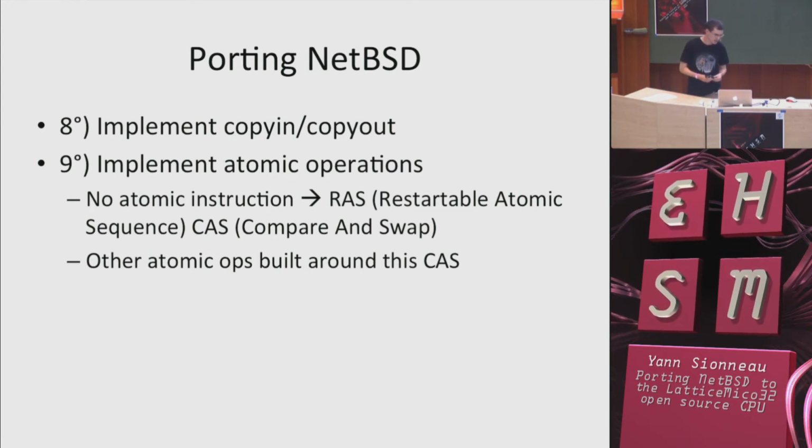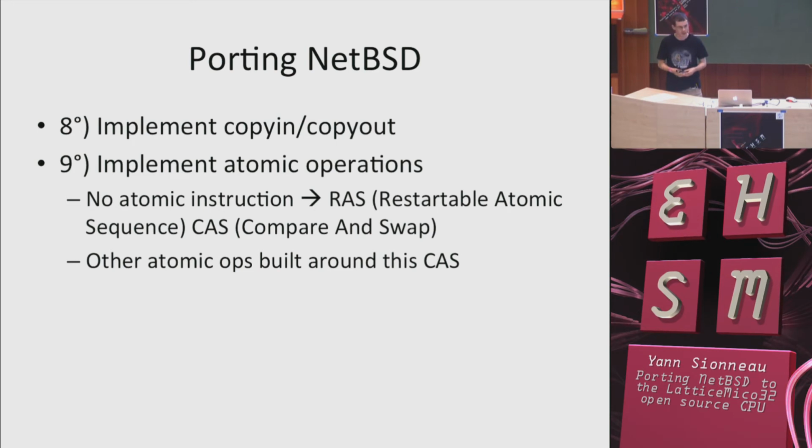So to handle this, we used restartable atomic sequences to implement a very basic atomic operation, which is compare and swap. When you have compare and swap, you can then build all the other atomic operations from this. You can build mutexes and spin locks and everything.